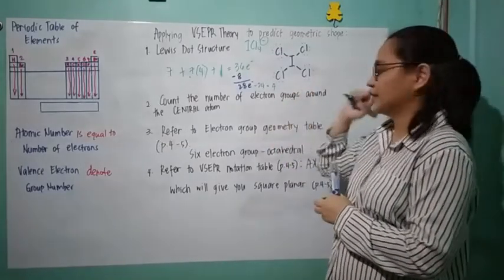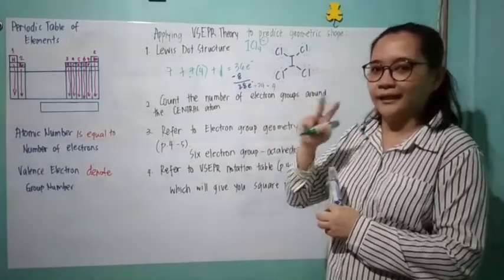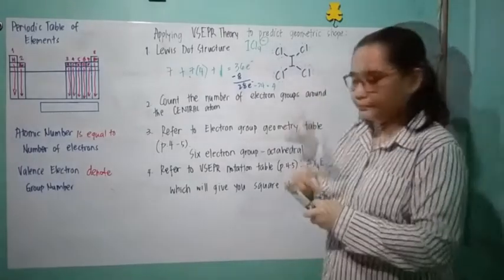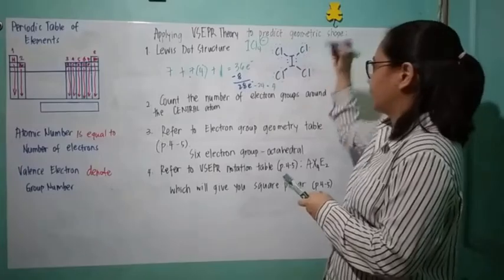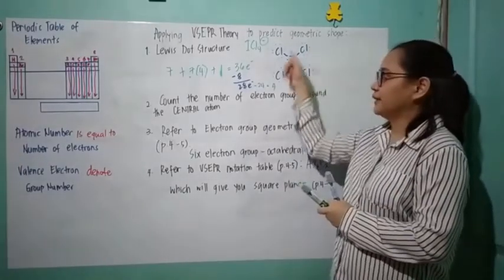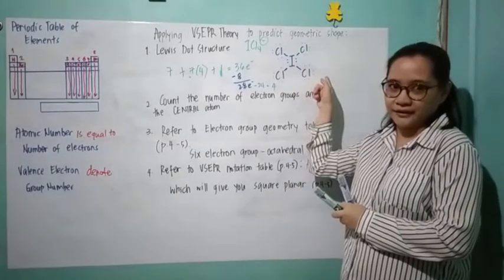These 4 electrons can be placed on the iodine, the central atom: 1, 2, 3, 4. You now have your Lewis dot structure.